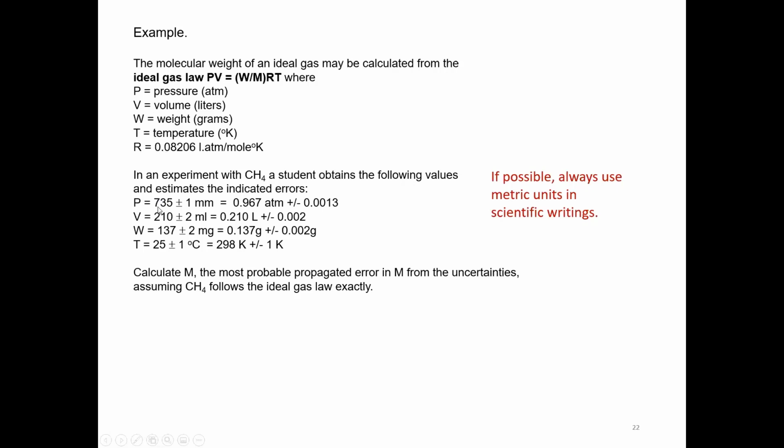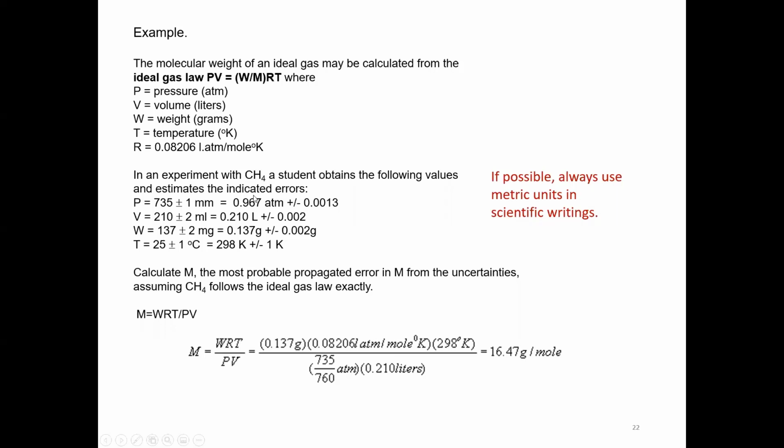So in this case, we measure P, V, W, T multiple times, and I can get the mean with the error of each variable. We have to manipulate the equation a little bit. I can get the molecular weight equal to W, the weight, times RT divided by PV. So I can plug in the mean of each measurement together with the ideal gas constant.